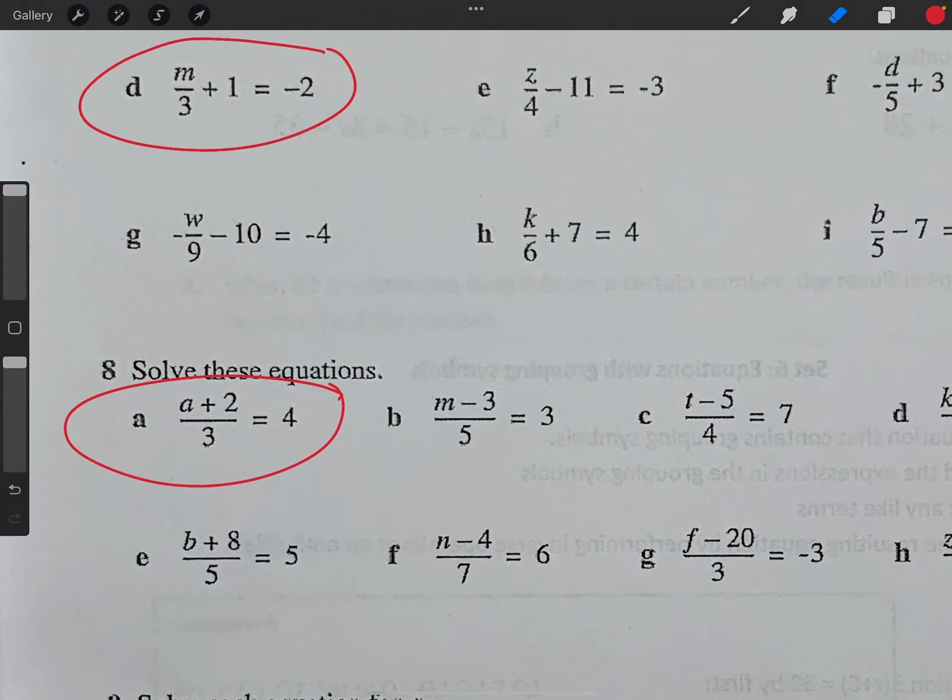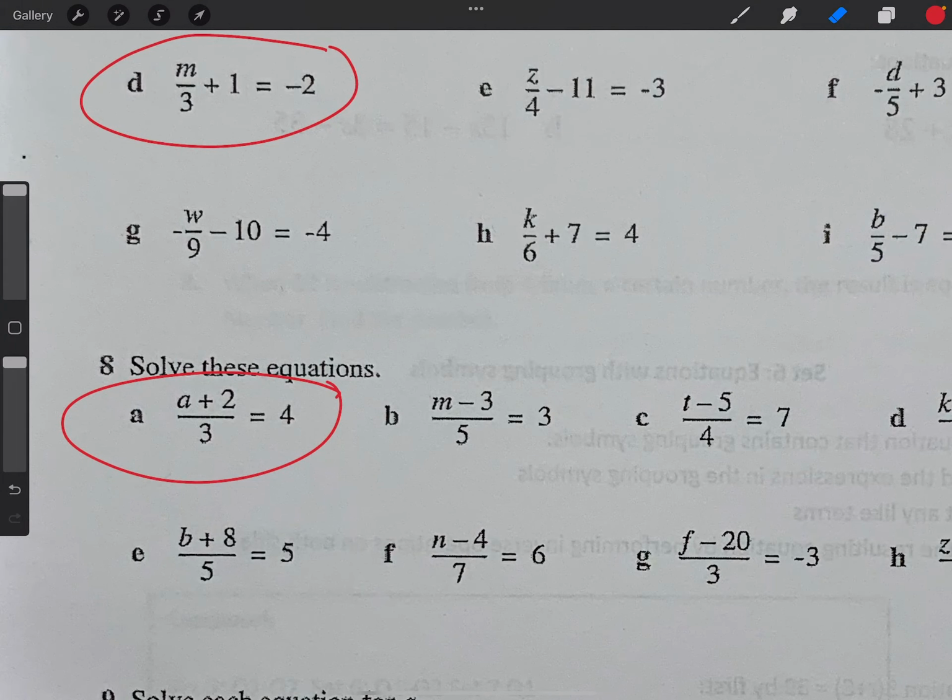Like I said before, I'll say it again, just to highlight this once again. For question D here, m is being divided by 3 and then it adds 1. That's a step. So m has to be divided by 3 first, because in BODMAS you have to do division first, and then you add the 1.